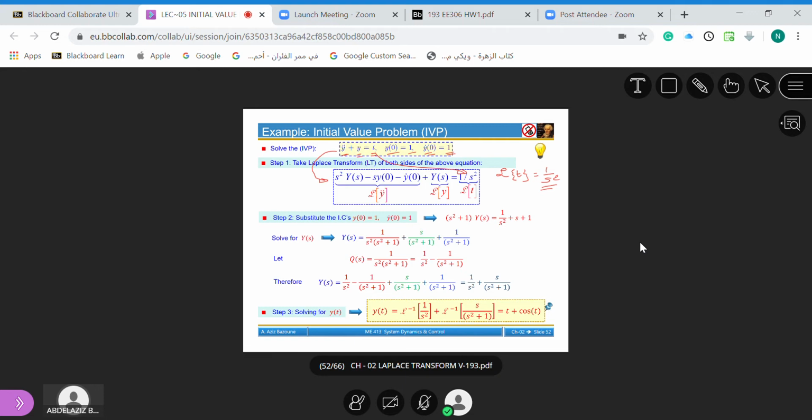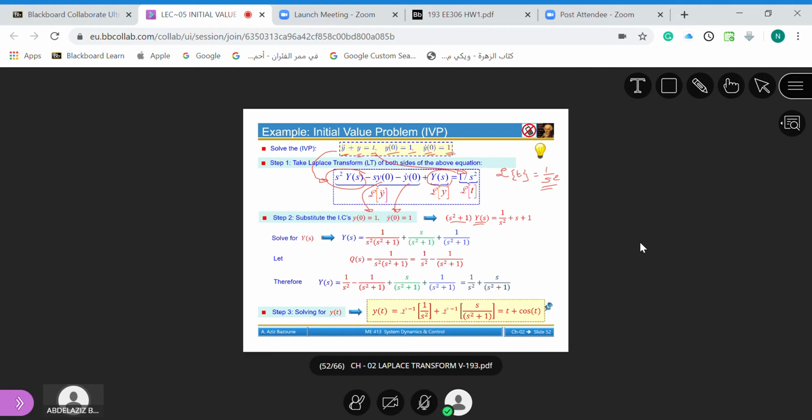Now we substitute the initial conditions. What is y0? y0 is given to be 1. What is y dot 0? y dot 0 is also equal to 1. We substitute this and we take s common. If we take s common from here, s squared Y of s and we have Y of s here, so it turns out to be s squared plus 1 times Y of s.